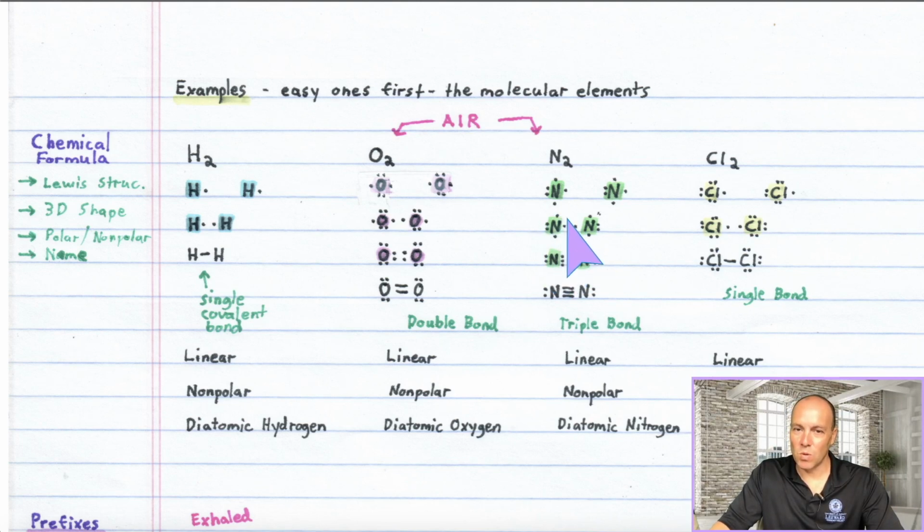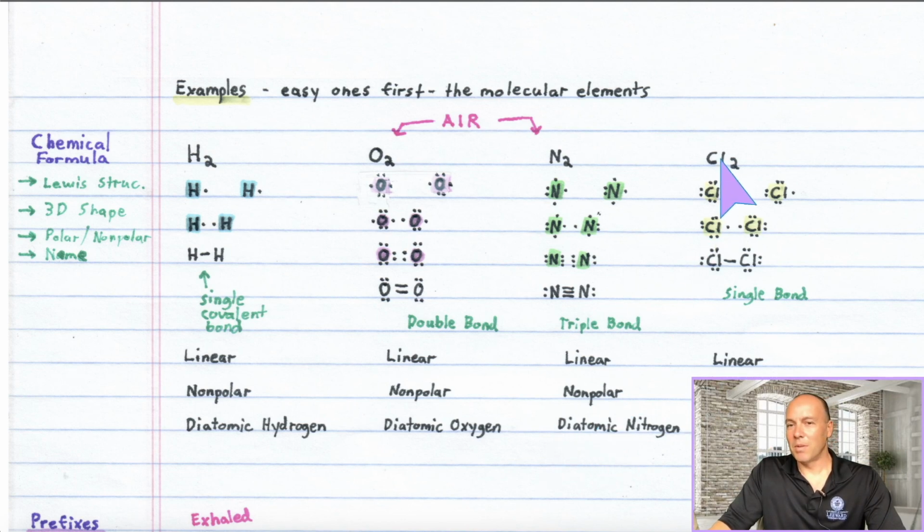So we've got to bring this one here. Maybe this one will match up with that one, and maybe this one will come down and match up with that one. And there you go. Now we're ready to form the bond. It looks like the nitrogens will now have an octet, and you can see you're going to get a triple bond this time. And that's the Lewis structure for N2. This molecule is, of course, linear, nonpolar, and we'll call it diatomic nitrogen.